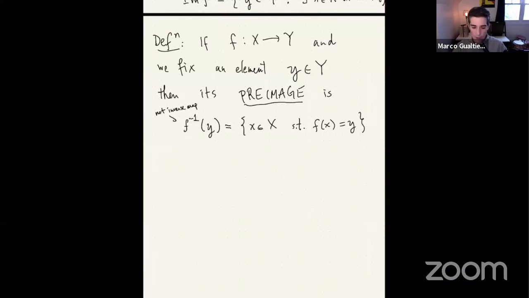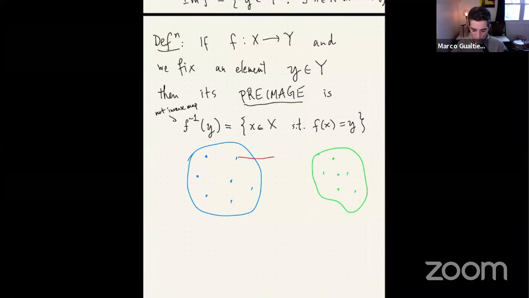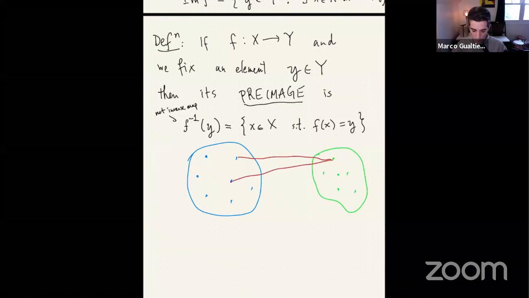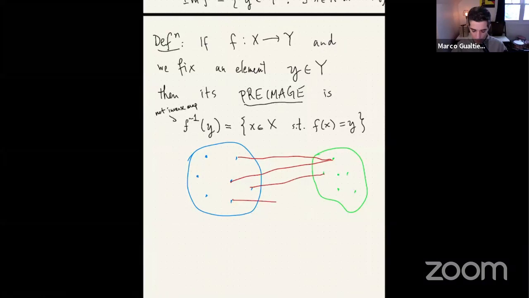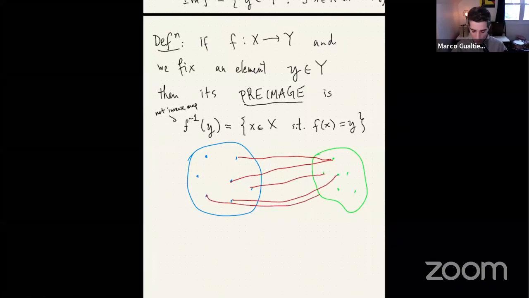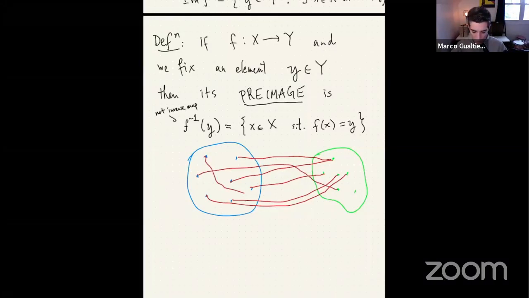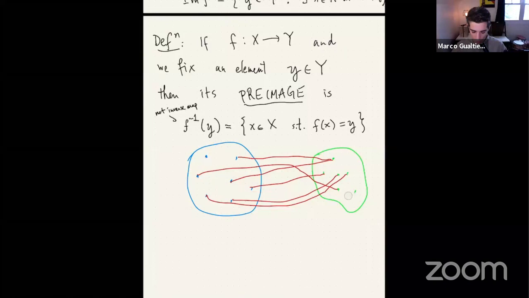So let me just draw a picture. Okay, so suppose that I have a map. Let's not make it surjective. Okay, so we have our map.